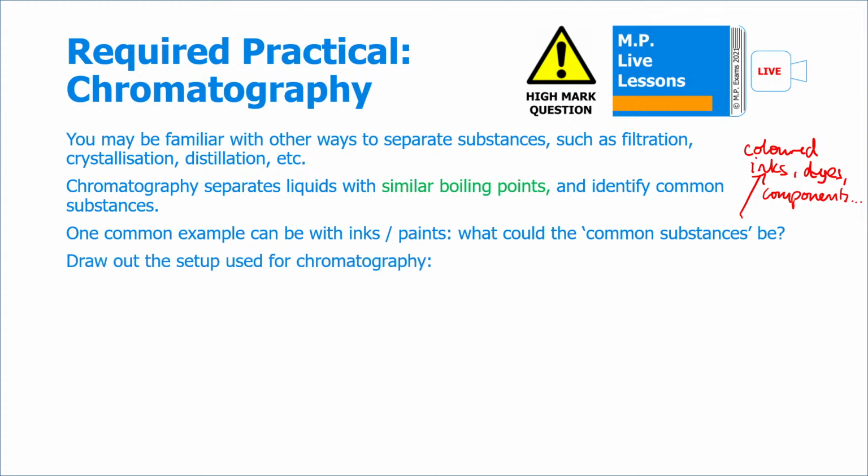Now, I'm going to draw the setup used for chromatography, and this has many important details. So first, what we have is our chromatography paper. This is a big sheet that we have.